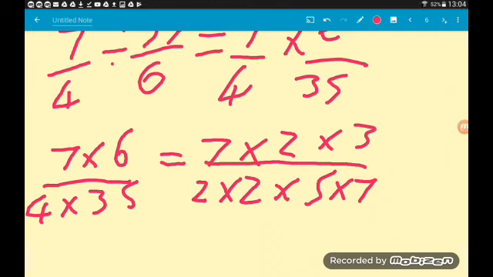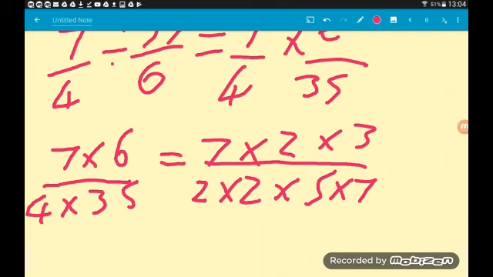A reason for doing it with this method is that instead of having to do a multiplication like 4 times 35, which is 140, we're breaking it down to its building blocks that we can then cancel down with the building blocks up on top. So let's have a look at what we can cancel down.